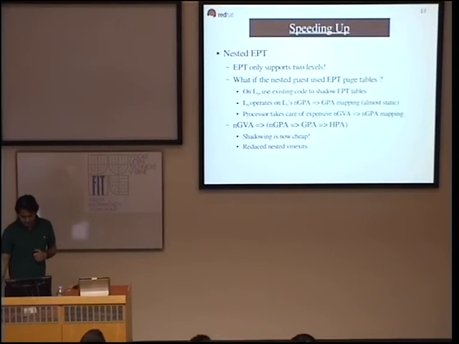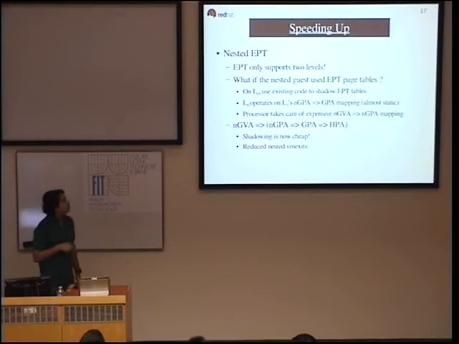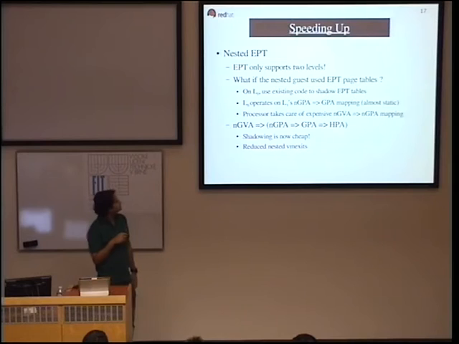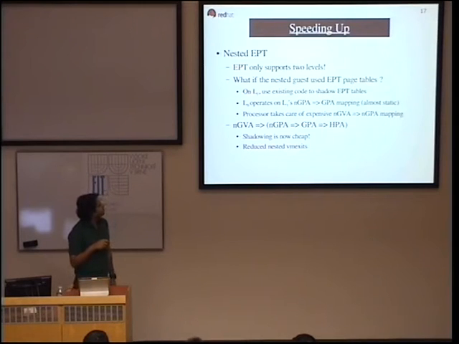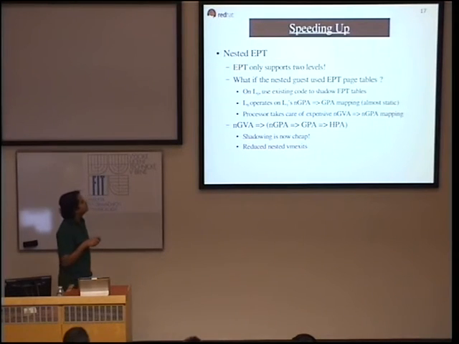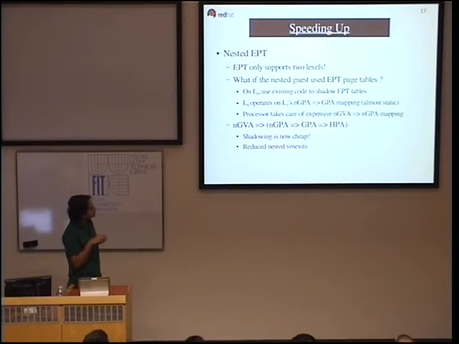So what we did was make code changes so that the level 2 guest actually uses EPT page tables for the nested guest virtual address to nested guest physical address mapping.